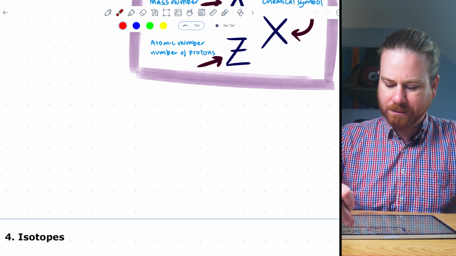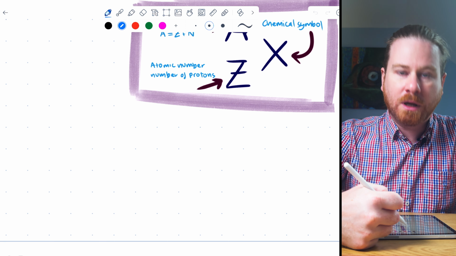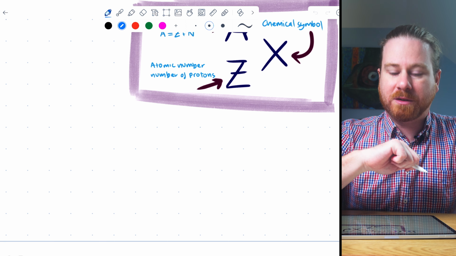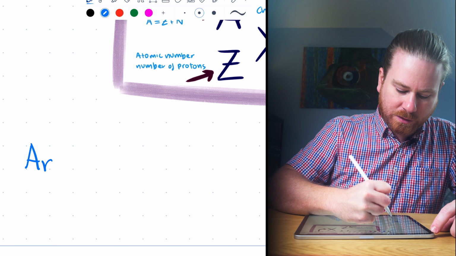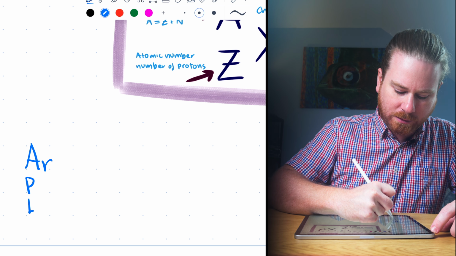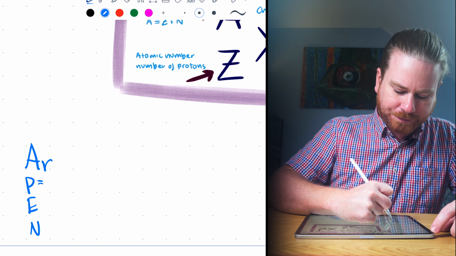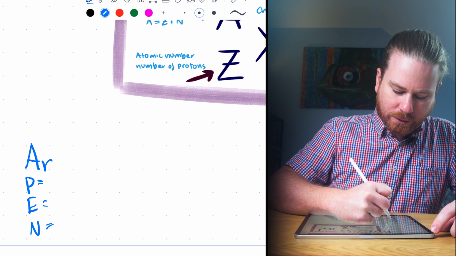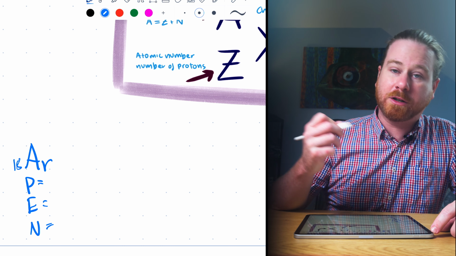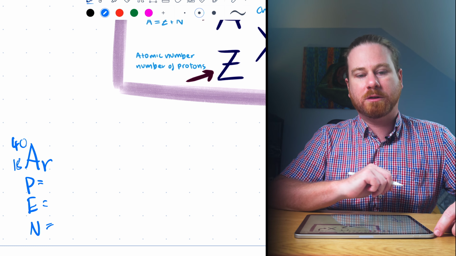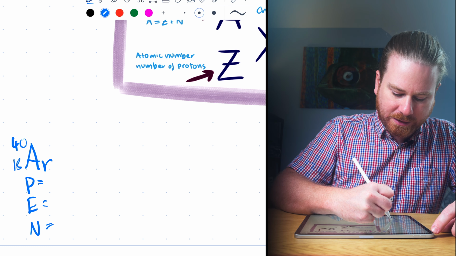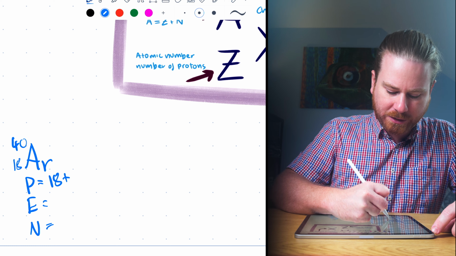We're going to be using argon, potassium and calcium as an example. Let's start off with argon. We're going to write PEN, P-E-N. We do the notation as well for it, so it would be 18 and then 40. This is what argon would look like on the periodic table. We know that it has 18 positive protons.